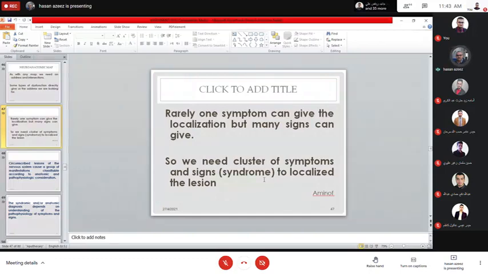Manifestations of upper motor neuron lesion in one limb, this collection of manifestations localizes the lesion to this site. One symptom is difficult, one sign maybe, but a cluster syndrome can give localization of the lesion.